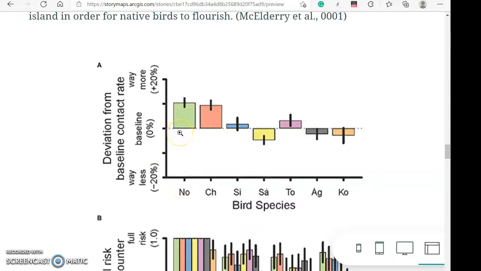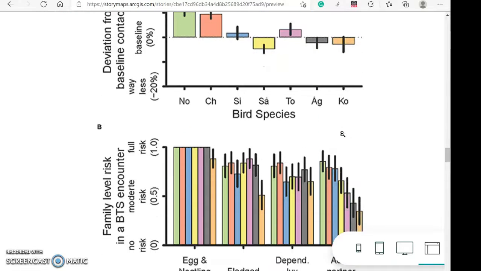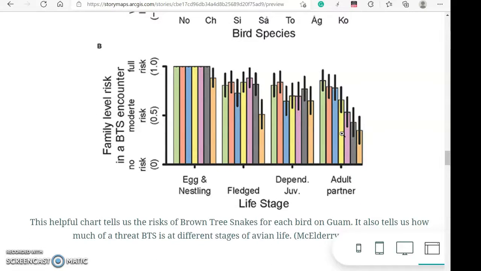This baseline is the interaction between the brown tree snake and the cocoa bird, to see if there were any differences in whether the brown tree snake affects the livelihood of each bird. We'll focus on the cocoa bird. As an adult, they weren't as affected, but if we go down to the next chart, these are the different life stages during a bird's life.